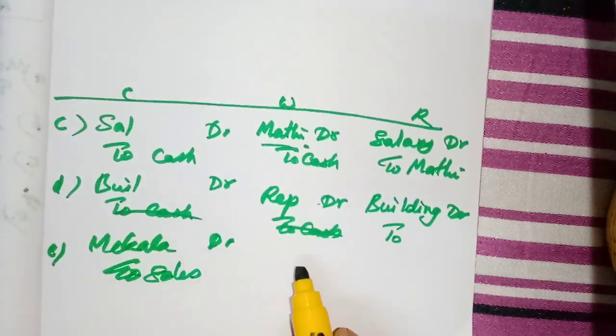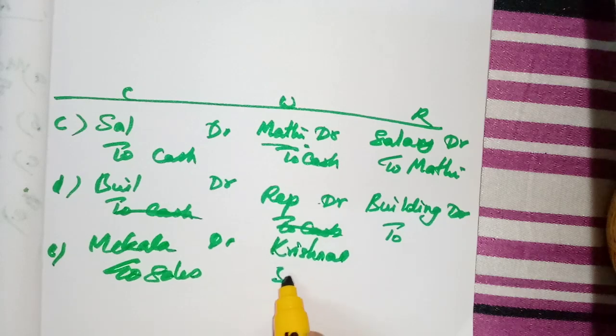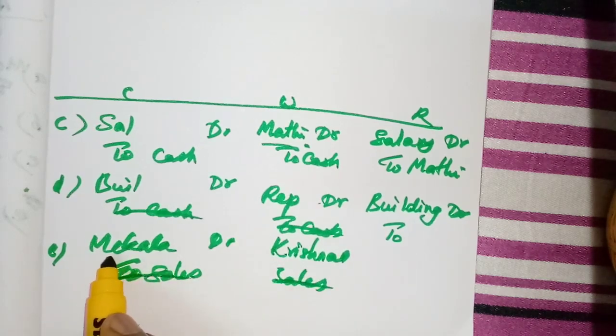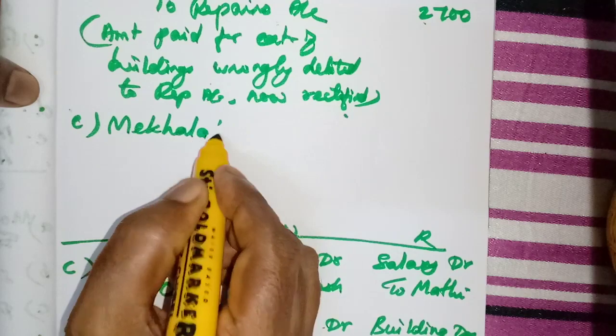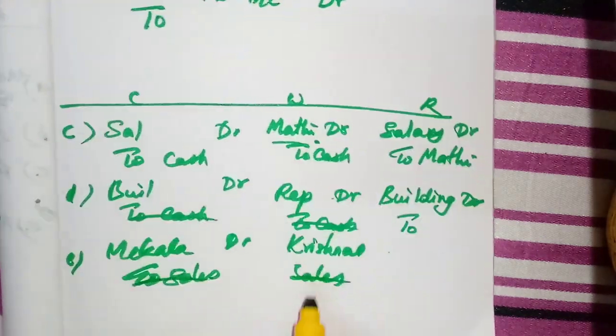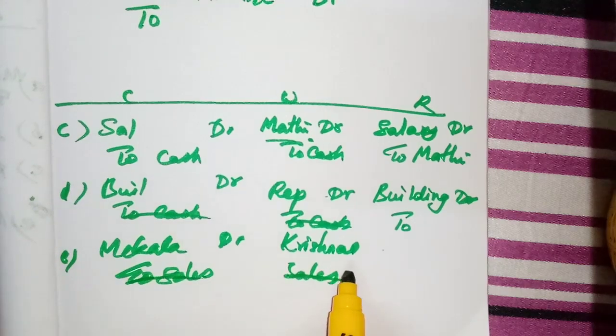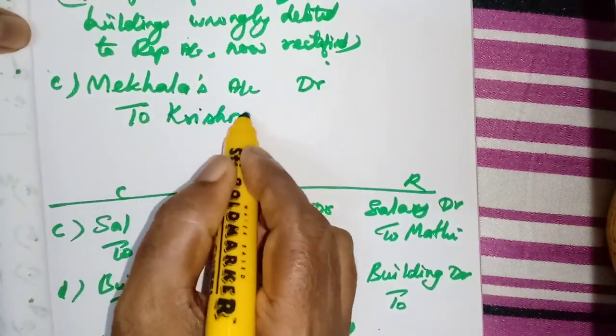It was posted to Krishnan's account instead of Mekala. Sales, no problem. So the correct debit is Mekala's account. Mekala's account debtor to Krishnan's account, wrongly debited, we need to credit.